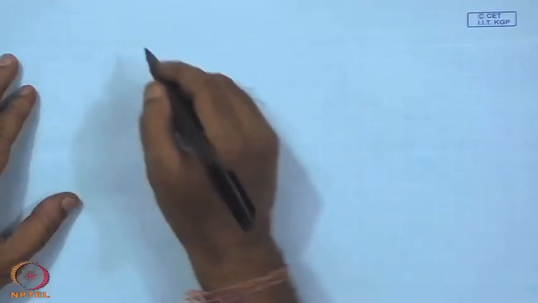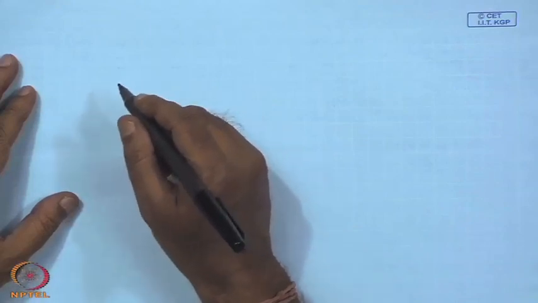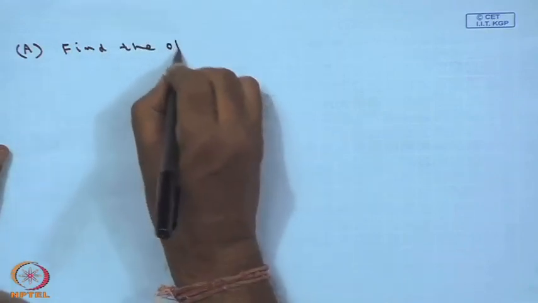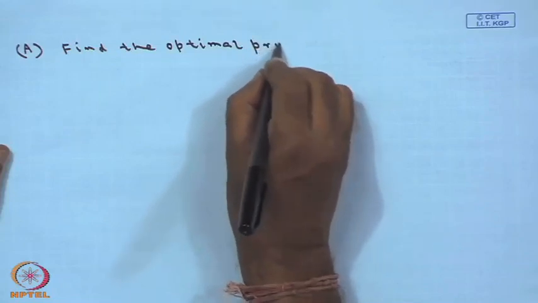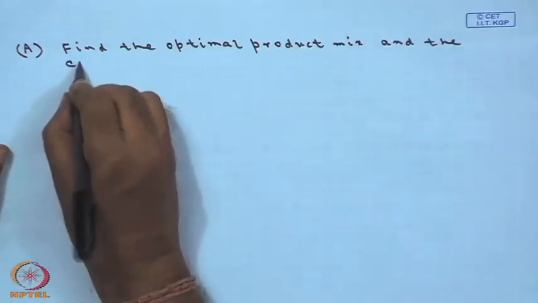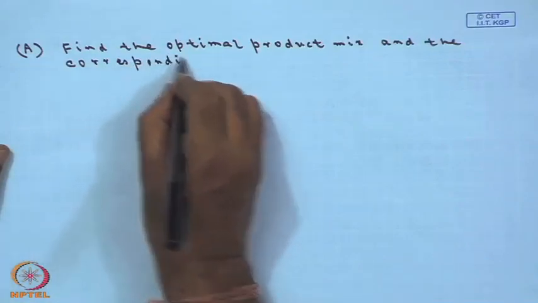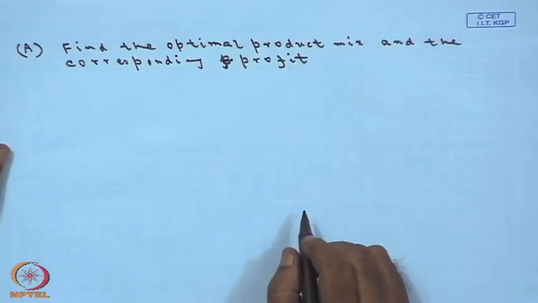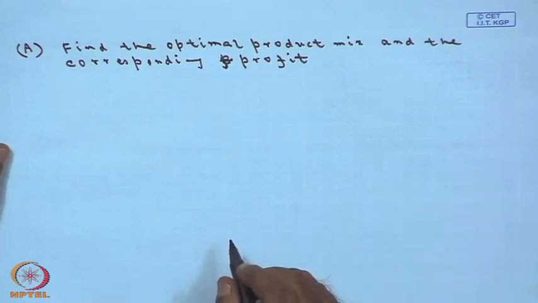So, the first problem is: find the optimal product mix and the corresponding profit of the company, or in other words, which product I should produce and how much, so that my profit will be maximum.